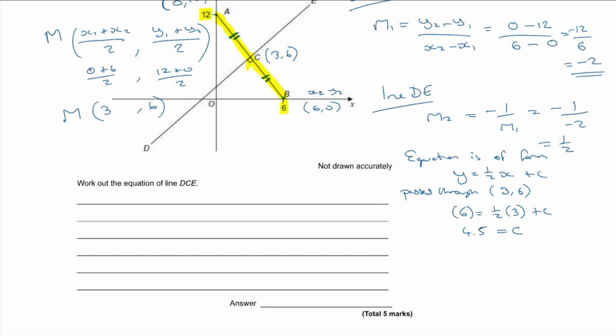So c is 4.5. So then I make the equation y is equal to a half x plus 4.5. Is that what we needed to work out? Yeah, just work out the equation of the line. So that's it. y is equal to a half x plus 4.5. Okay?